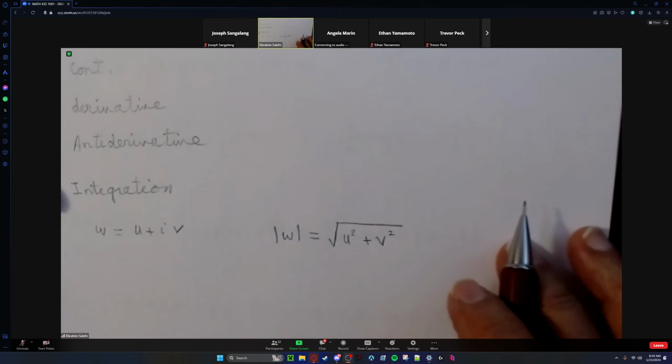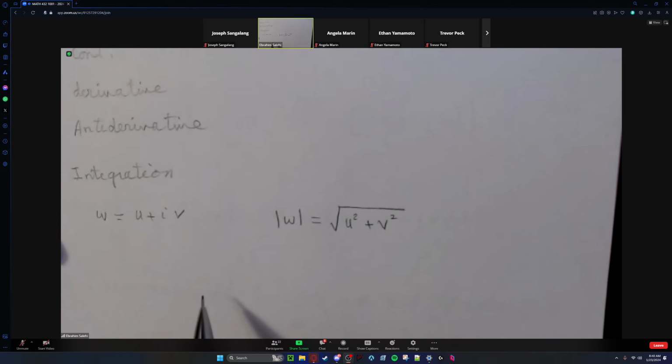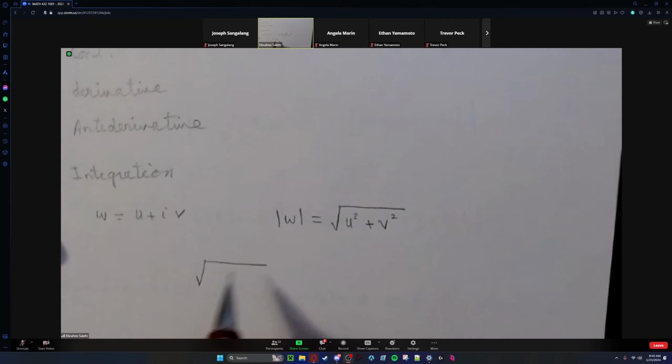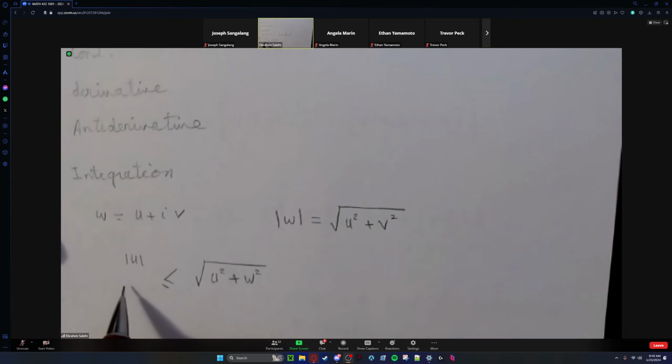So the first part of inequality that I like is this, that modulus of w, which is this one, is bigger than or equal to either u, the real part, or v.